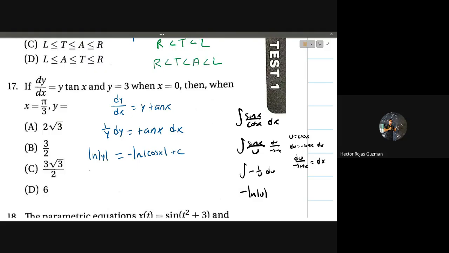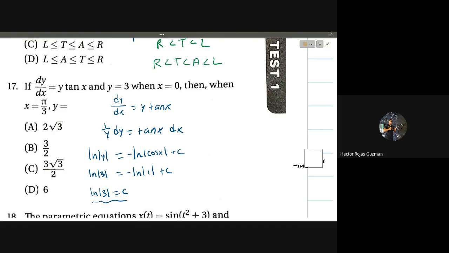Okay. y is 3 when x is 0. And cosine of 0 is 1. And ln of 1 is 0. So there's your c. But we're not done. Here, let me take this off. I need a little more space.